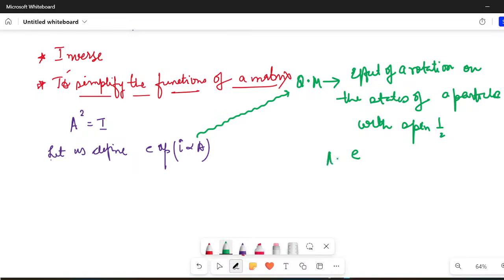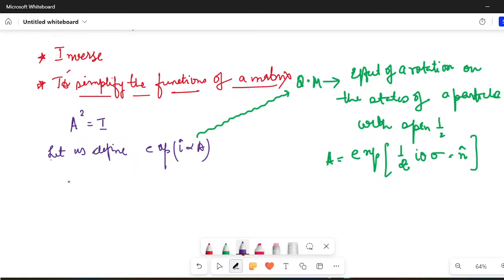There you will have a rotation matrix given by A, which is equal to exponential of 1/2 iota theta sigma, where sigma is the Pauli matrices, dot n cap. So you will have an exponential of a matrix whenever it is required. I'll teach you all these things when I do quantum mechanics, but just for the sake of resemblance I have written it. Now let us come back to the topic.